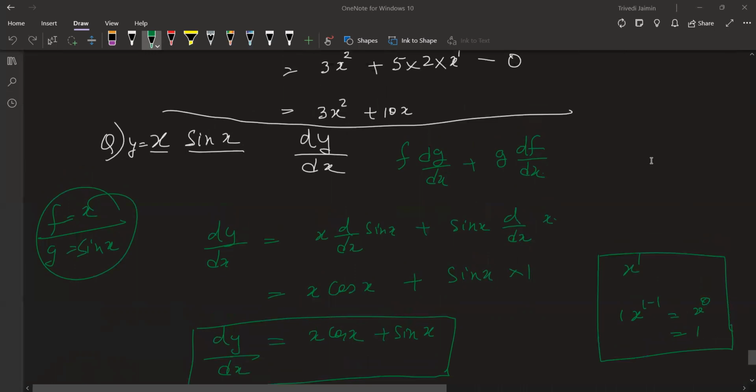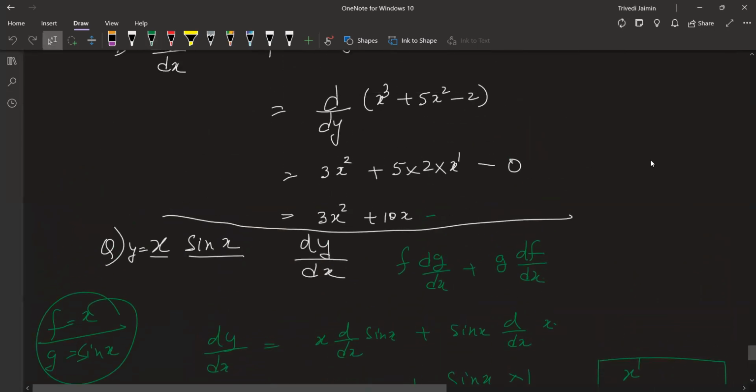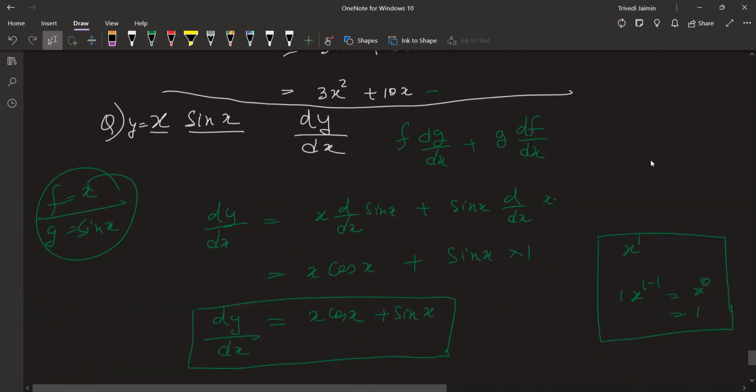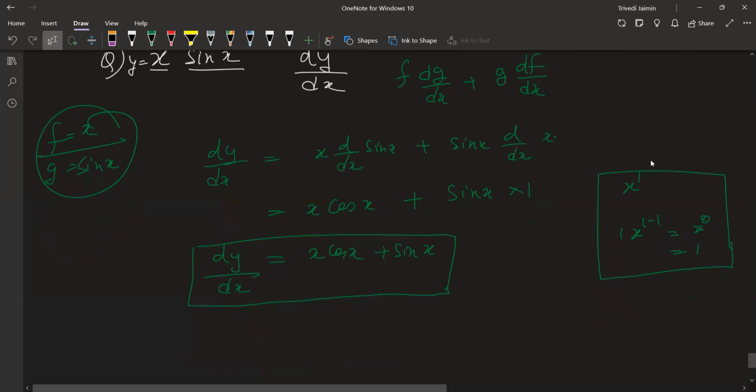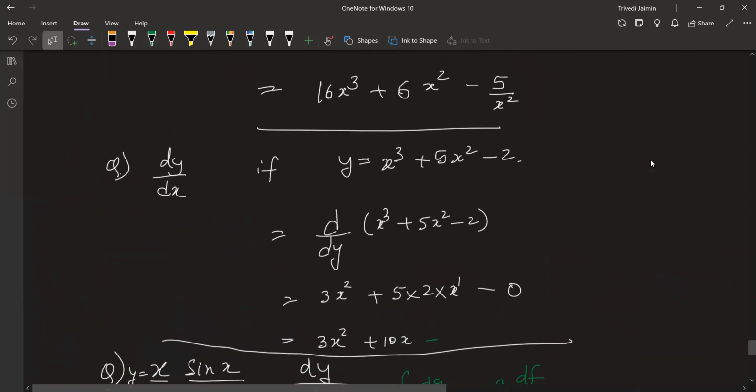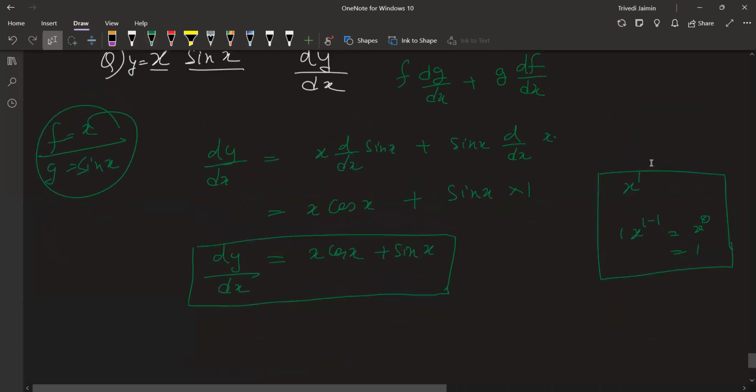Okay, those who finished, just write the same question, continue the same question again, the previous one. We are going to extend that question now. Okay, what was the question, by the way? y equals to x cube plus 5x square minus 2.